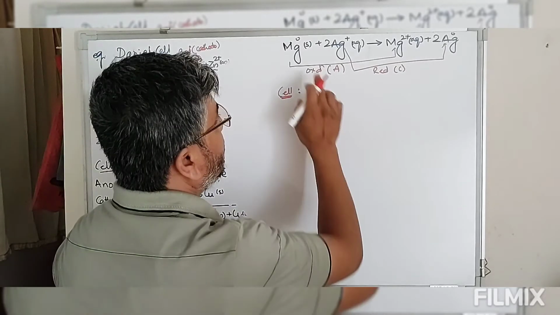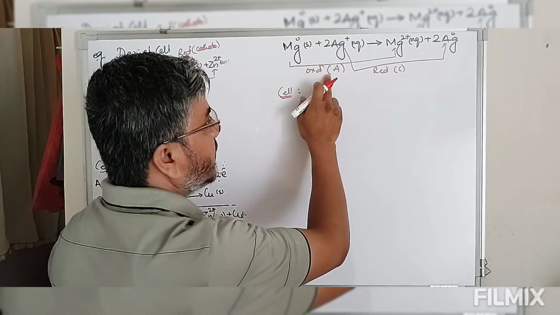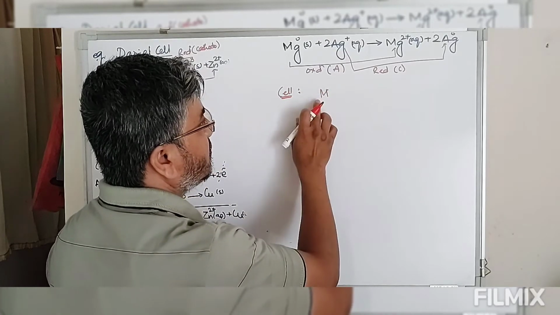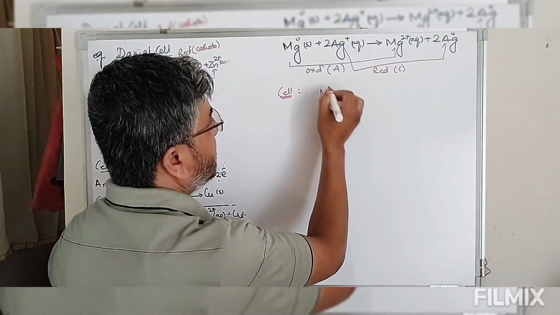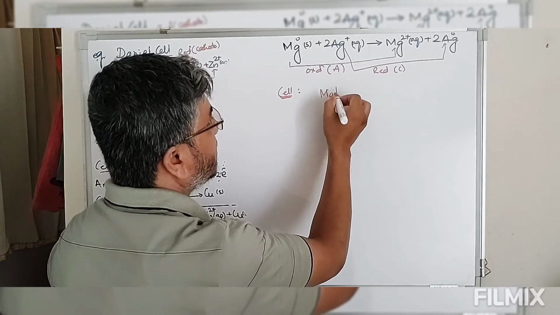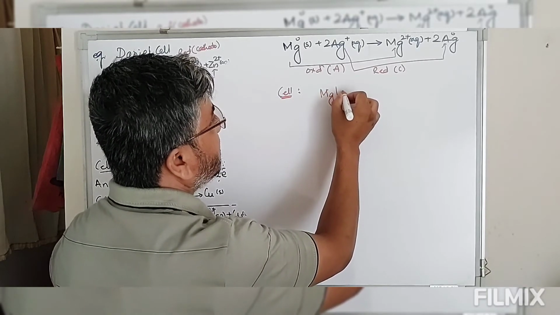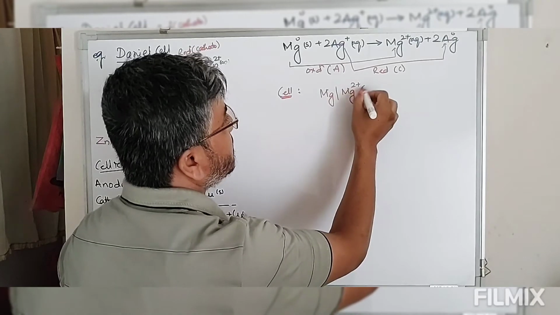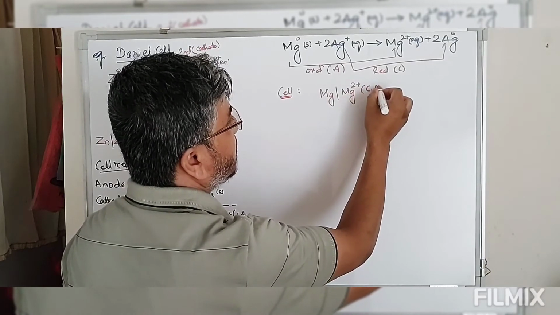so look at this, we have anode. Anode should be written on the left hand side. So anode, reduced form, that is magnesium, in contact with magnesium ion aqueous solution. Let's suppose this concentration is C1 molar.